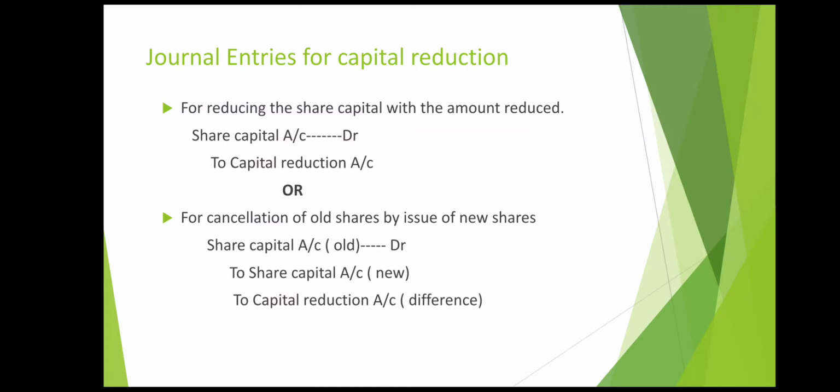So this is how you will pass the entry. Share capital account old, you have to debit, to share capital account new. Here the new share capital account will be credited and whatever difference is there will be credited to capital reduction account.